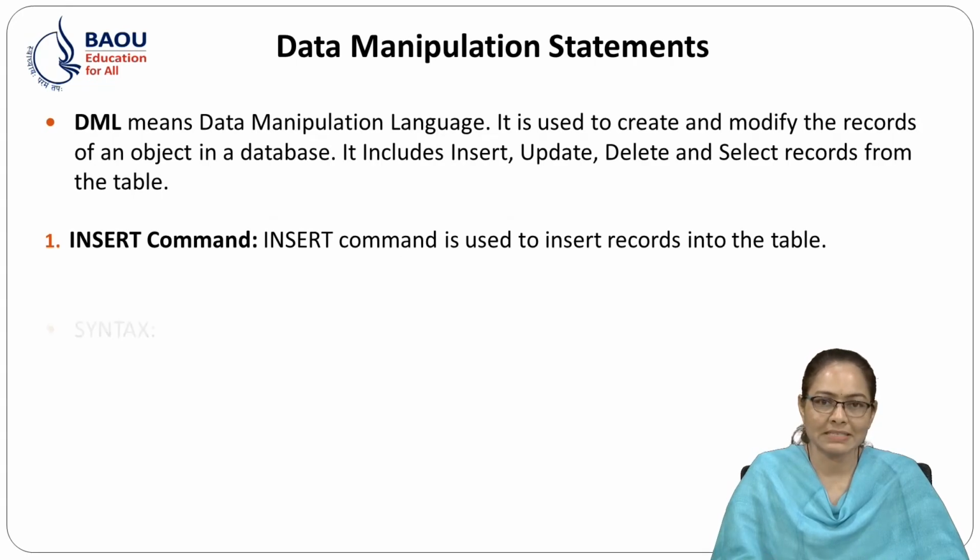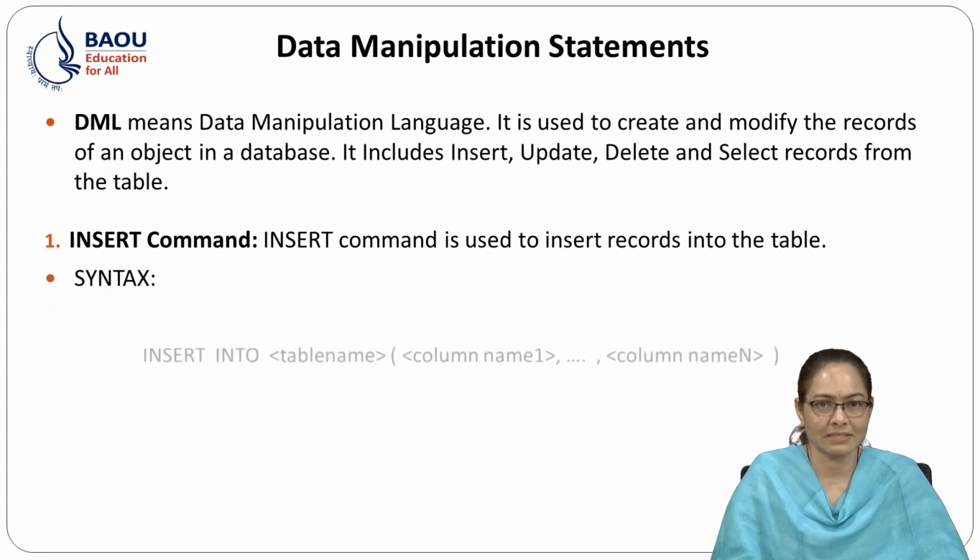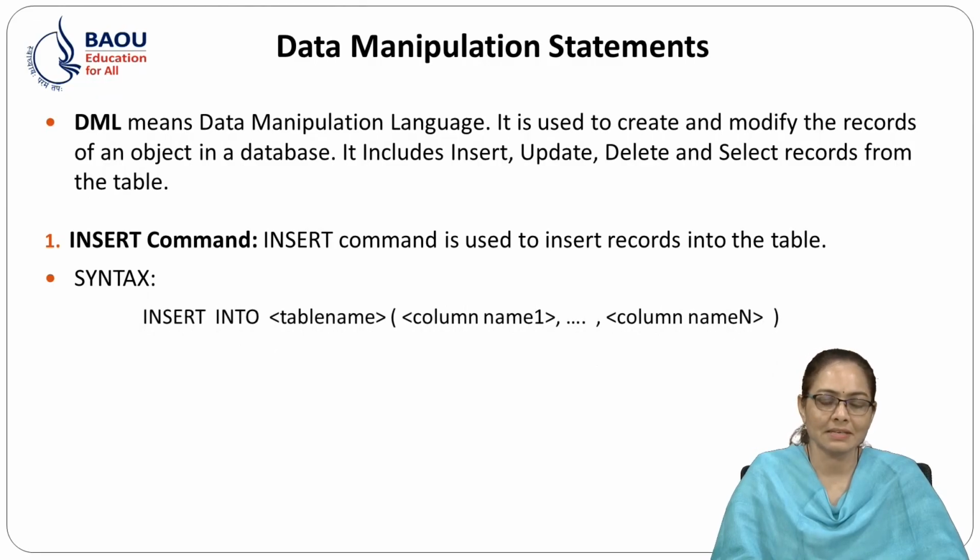First of all, we see the syntax of this command. The syntax is insert into table name, then round bracket is open, and then in the bracket column name 1, comma column name 2 up to column n, then bracket over.